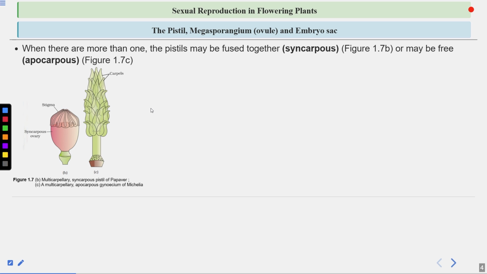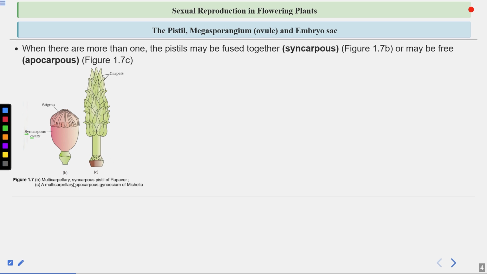Here you can see a syncarpous pistil. This is the syncarpous ovary. All the pistils got fused together, so there is one single ovary, because all the ovary parts got fused together.